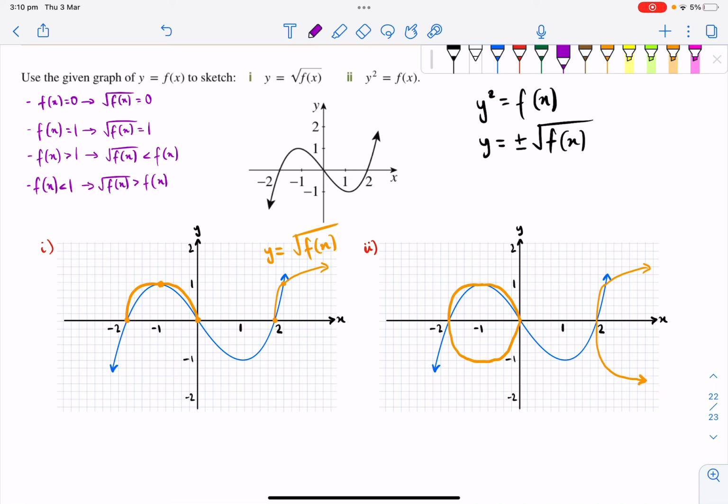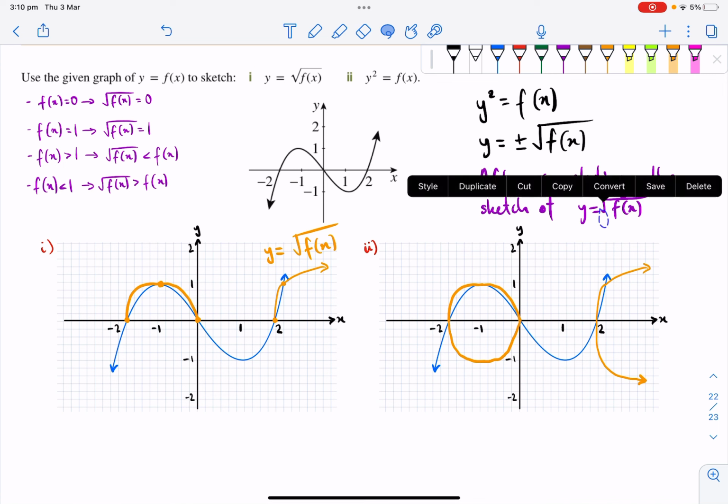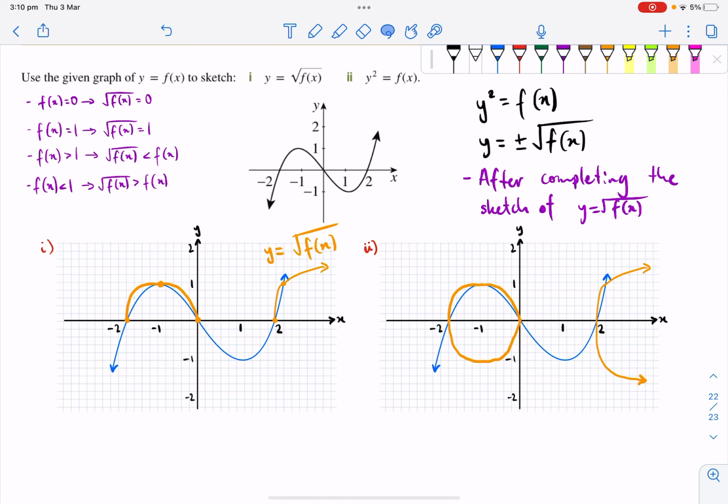So the note for here is, after completing the sketch of y equals square root f(x), because you have to do that, let me make this small. Actually, I need to make all of this smaller.